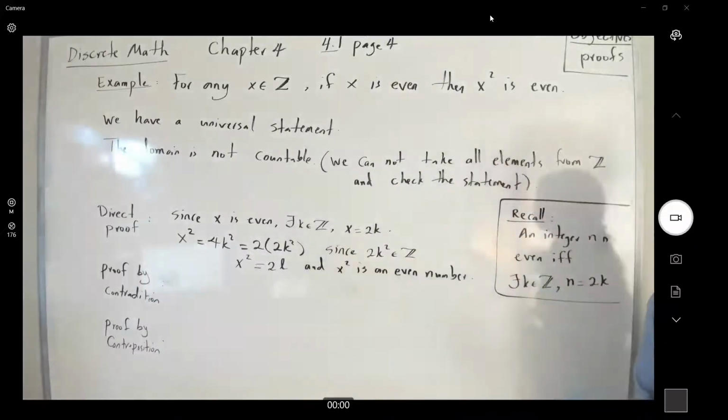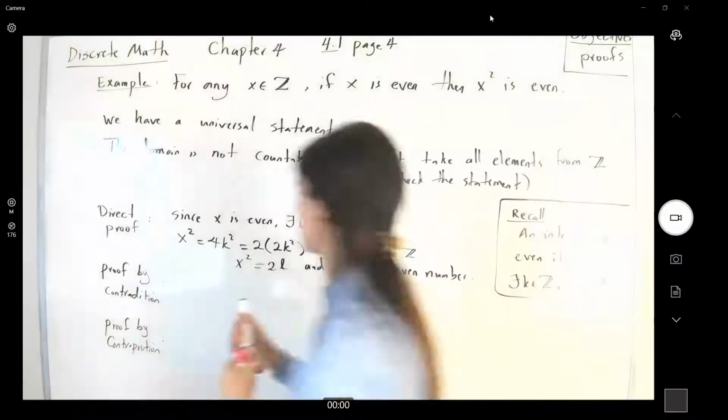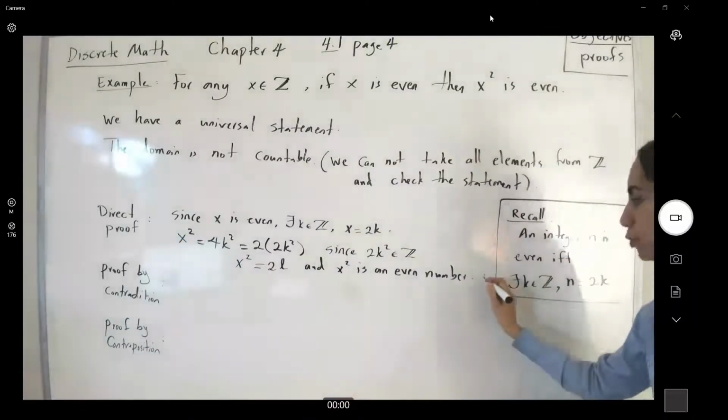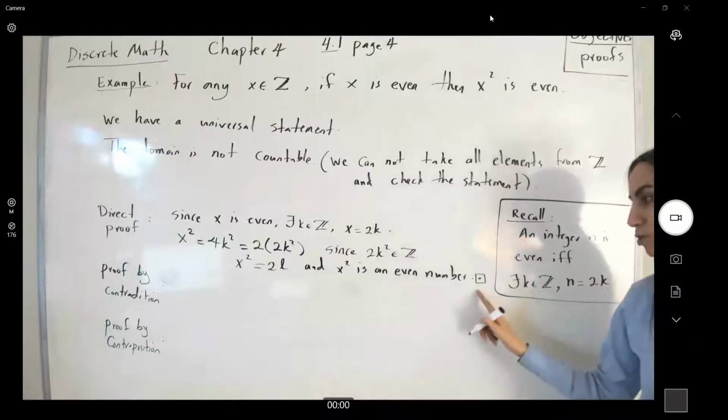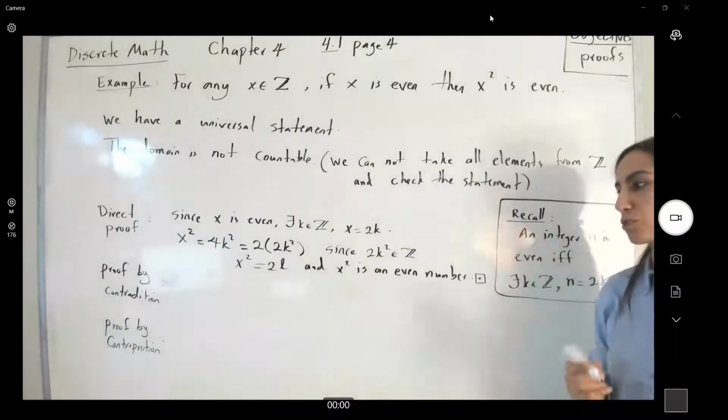So we proved by definition. Okay, at the end of your proof, you can use this little box with a dot in it to show that, hey, you're done with your proof.